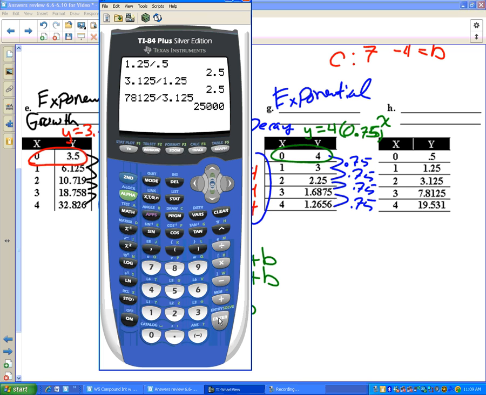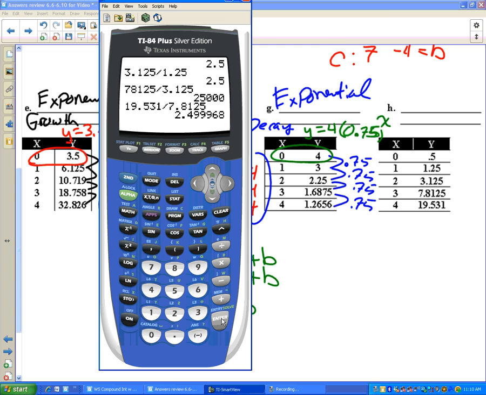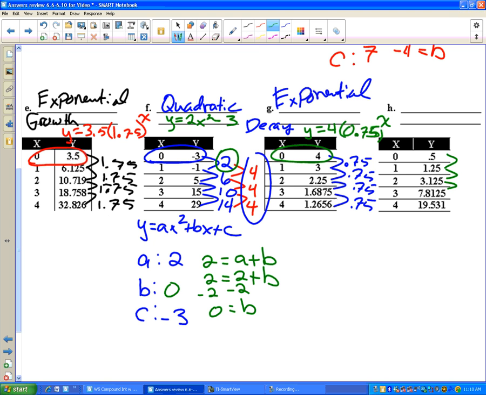I drop the decimal, that would be 2.5, and 19.531 divided by 7.8125, and I get 2.5. So my successive quotient all the way down is 2.5, 2.5, 2.5, 2.5. So this is exponential.